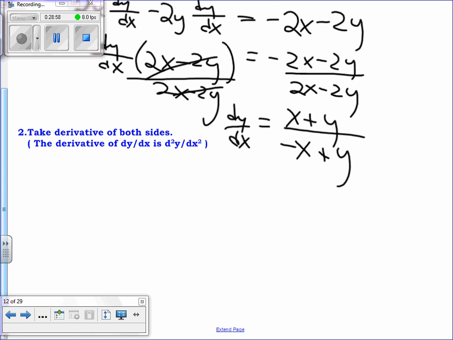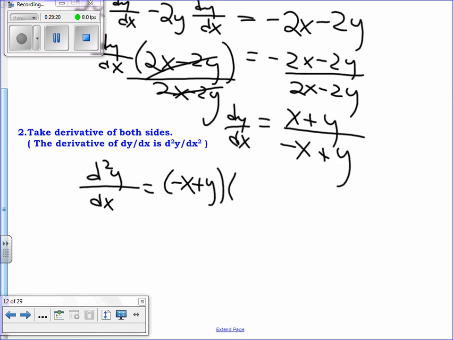Okay, now we want to get the second derivative. So derivative of the first derivative is the second derivative. What do we get to use this time? Quotient rule. So it's low, negative x plus y, d high. Yeah, this one is kind of ugly.